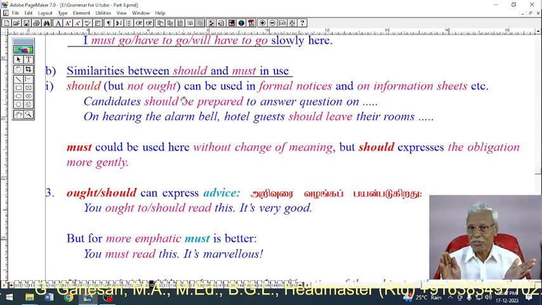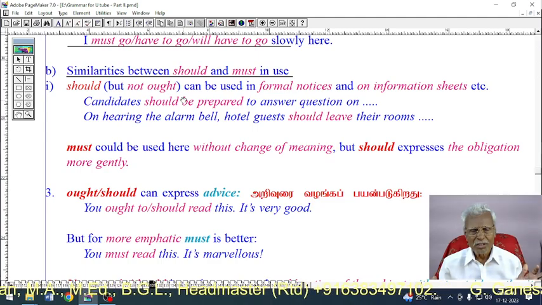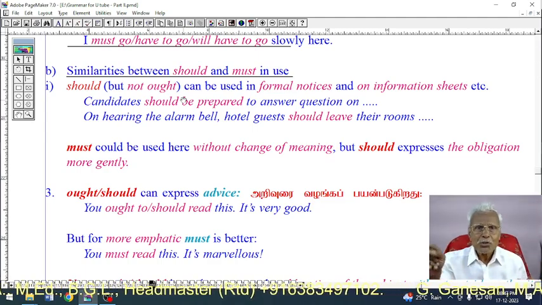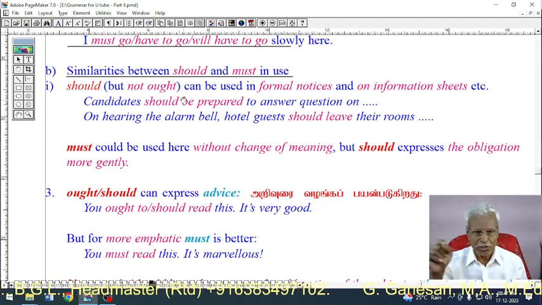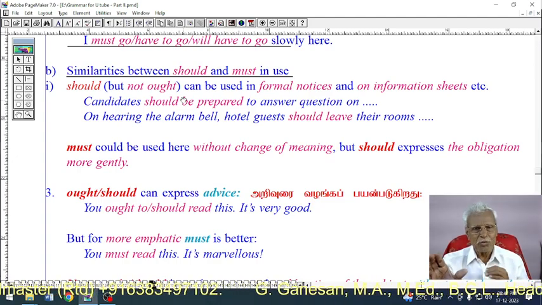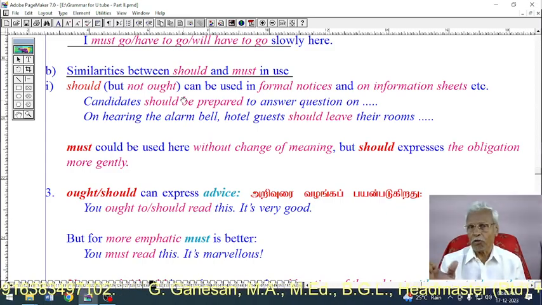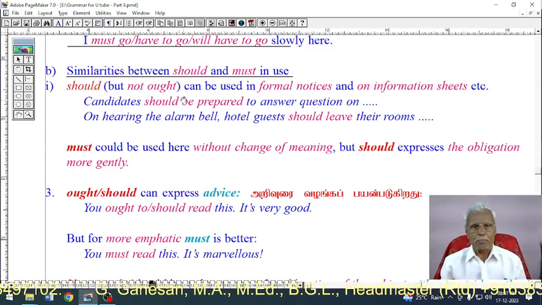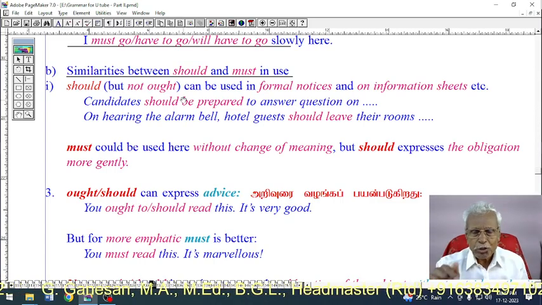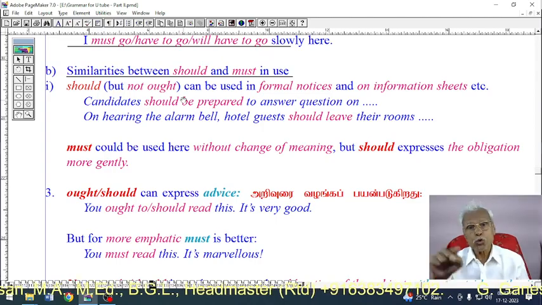But when we use must, it is not like that. You must do it means it is a rough way of expressing the obligation. That you should do it is a polite way of expressing one's obligation.